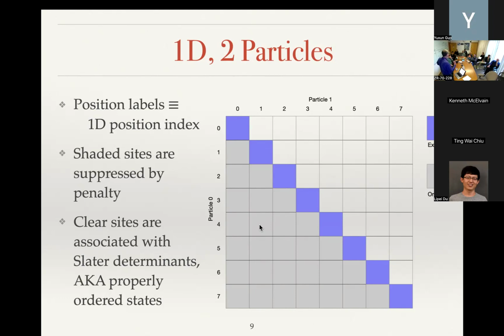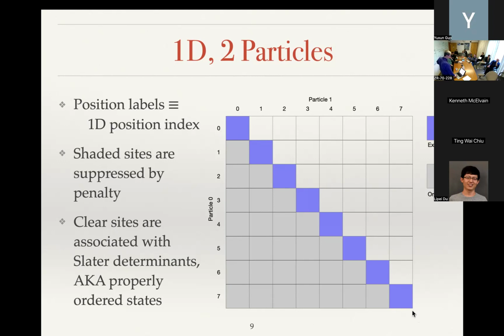I'm just going to select one out of the A factorial, where capital A is the number of particles, of the states of my hardware to represent the anti-symmetric state. And I also, of course, can't put 2 fermions in the same state, so I'm going to go ahead and penalize the diagonal as well.